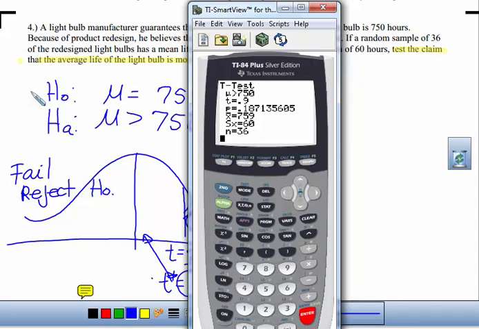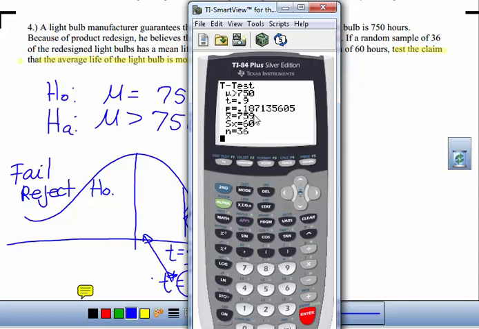Well, how small? Well, if the p-value is less than alpha, then it's small enough for us to be concerned. So in this case, our p-value was 0.18, but we know that alpha is 0.02, so it's not smaller than alpha. All right.